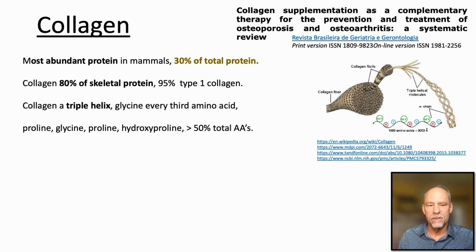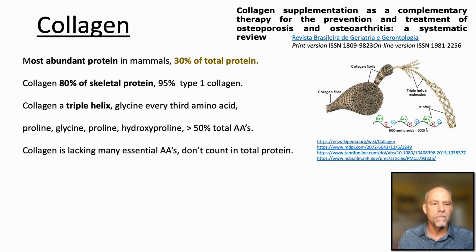Collagen is a triple helix, primarily made of 3 amino acids, glycine, proline, and hydroxyproline. That's why if you take, say, 10 or 20 grams of collagen a day, you don't add that into your total protein intake, because it's not a complete protein. It doesn't have the full array of essential and non-essential amino acids. So don't count collagen if you're trying to get 100 grams of protein. Collagen is not part of that, though it can be helpful for your bones.